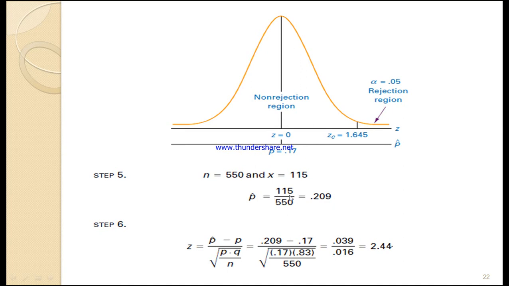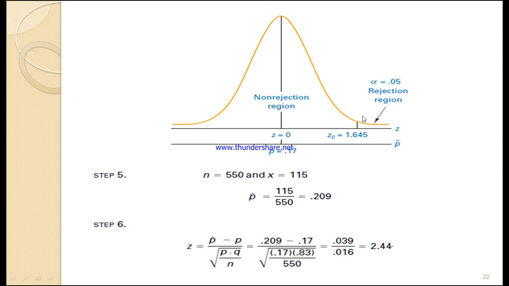P naught in our case is 0.209 minus p, which is 0.17, divided by the square root of p, which is 0.17, times q, which is 0.83, which is 1 minus 0.17, divided by 550, which is the sample size. Finally, we will get 2.44.